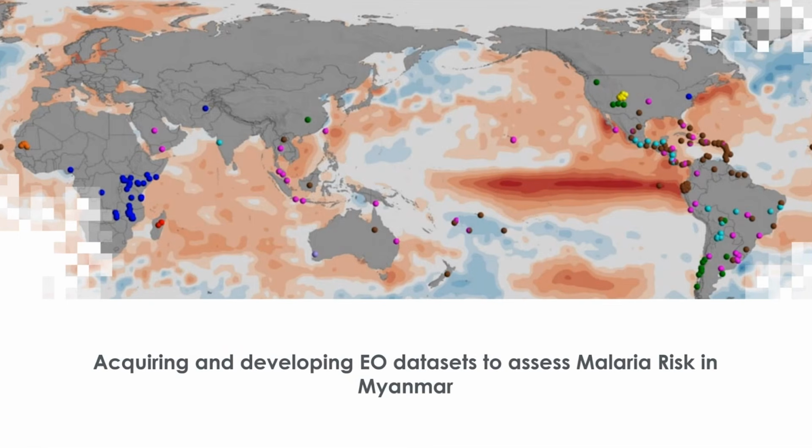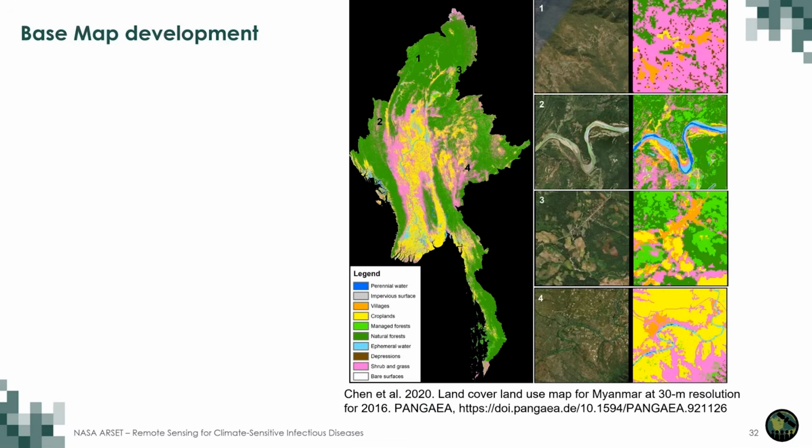So in the next section of this lecture, I would like to give you more details on how we use Earth observation data sets to assess malaria risk in Myanmar and what you would need to do to make those observations helpful.